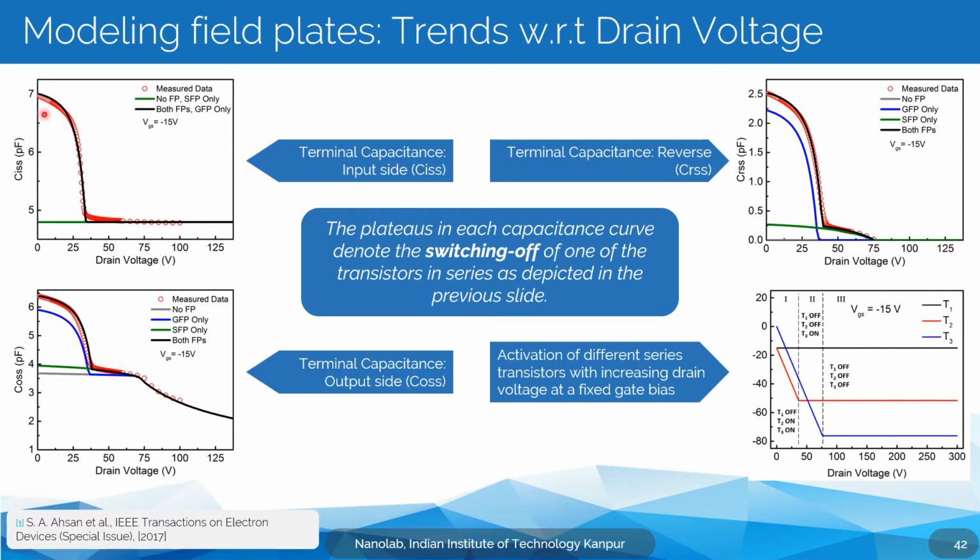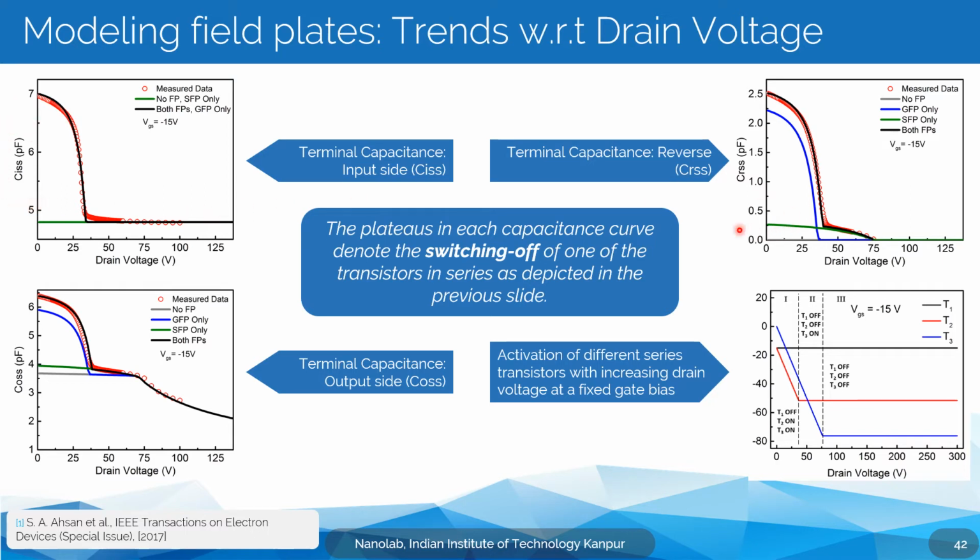This drop happens exactly at the point where T2 turns off, which is somewhere between 25 and 50 volts of drain voltage, as we can clearly see here. And this is the input side capacitance.